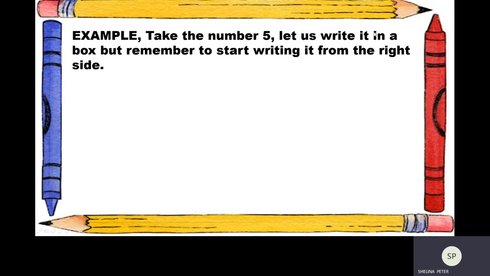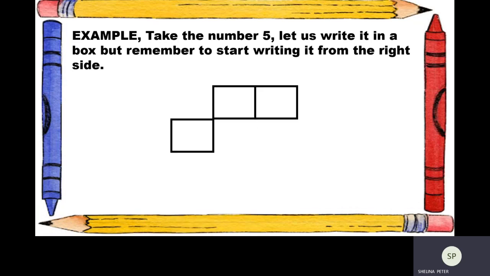Let us write it in a box. But remember to start writing it from the right side. So here we begin. So we have got 3 boxes here and we will be writing the number 5 starting from the right side. So the number 5 will come in this box.